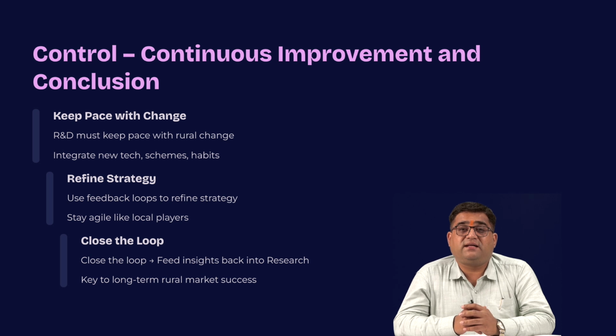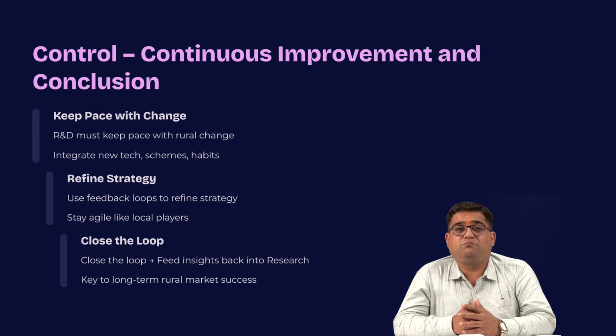It is noted that the local and regional players often demonstrate agility in the rural market. So, larger companies must also cultivate this responsiveness. In conclusion, the control phase ensures that the rural marketing initiative remains on track, adapts to the evolving environment, and continuously improves.